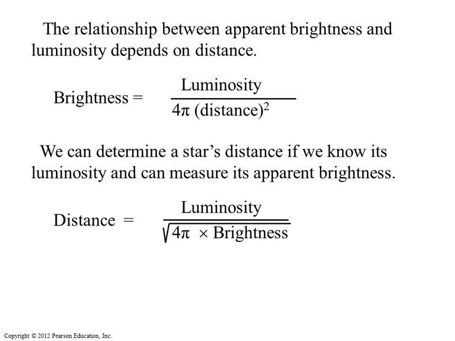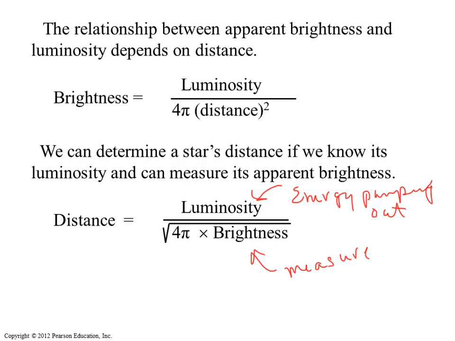Okay, so here then is kind of what I tried to draw on a slide a minute ago. So we can get to distance. Okay, so we're all on the same page here. We can get to distance if we know the energy it's pumping out, and we measure the brightness, measured from Earth.